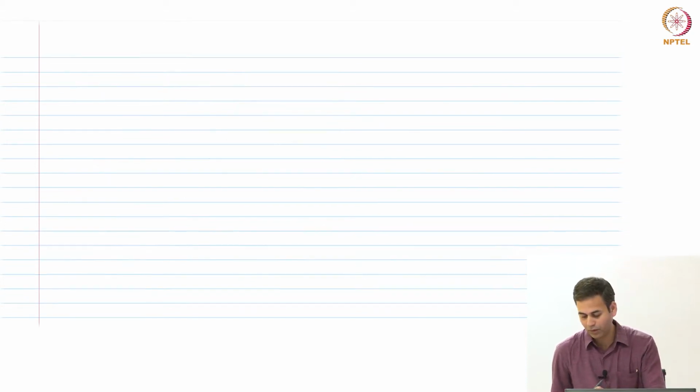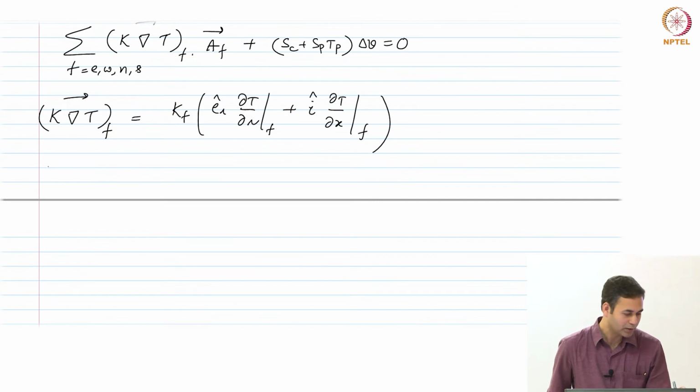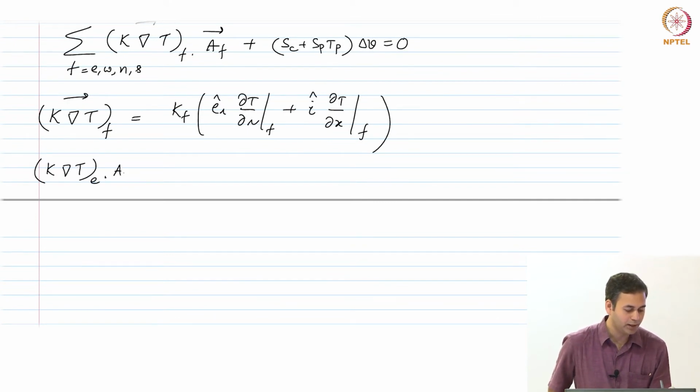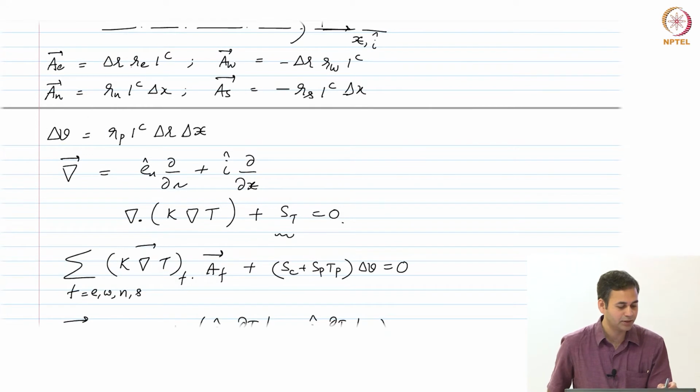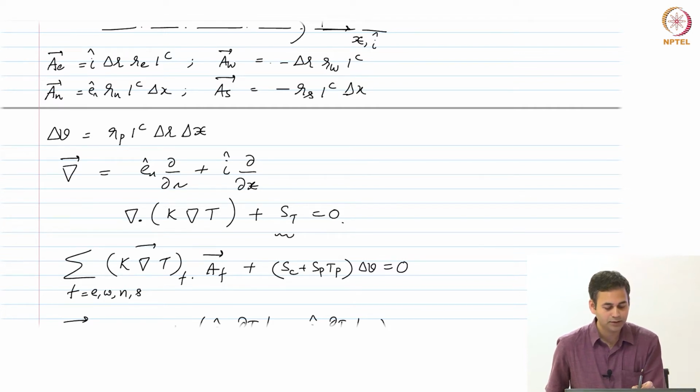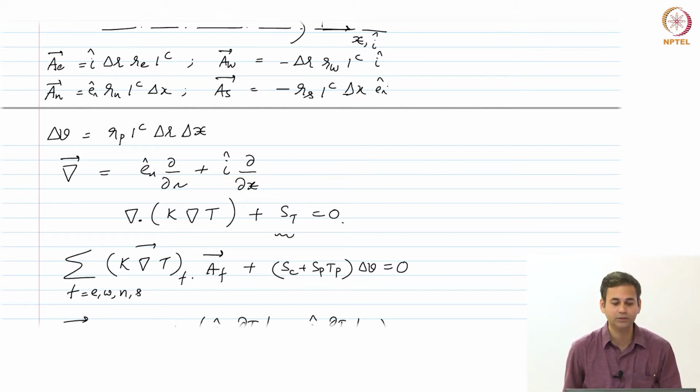Now, what will be k grad T e dot A east? A east is, oh sorry, I think I missed the unit vectors here. Delta r Re times 1 radian, pointing in the I hat direction. North is in Er hat, this is I hat and this is Er hat. Those are the unit vectors.